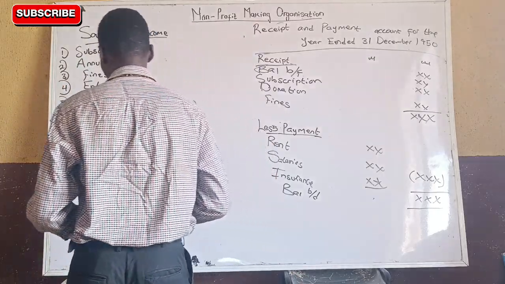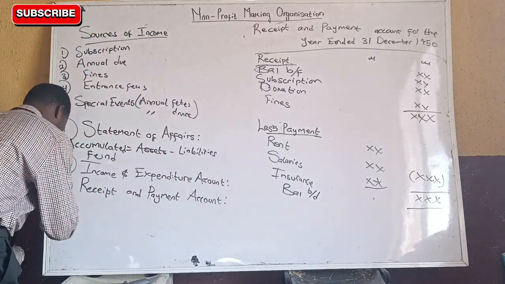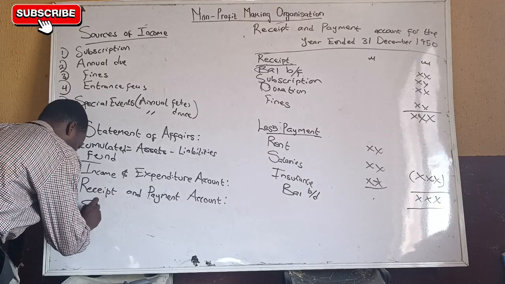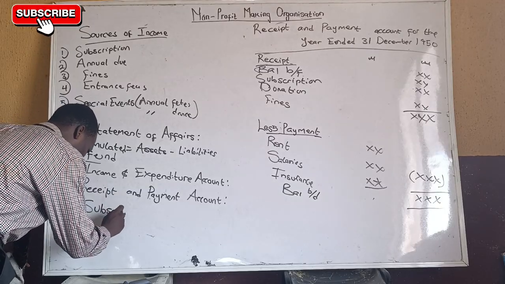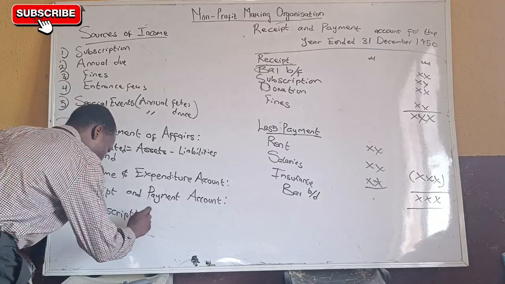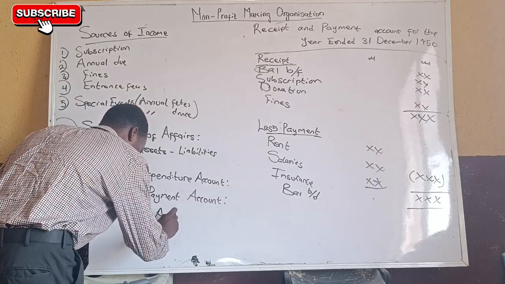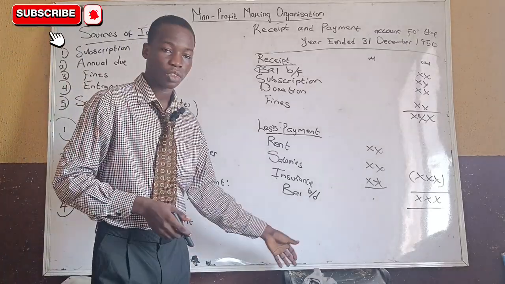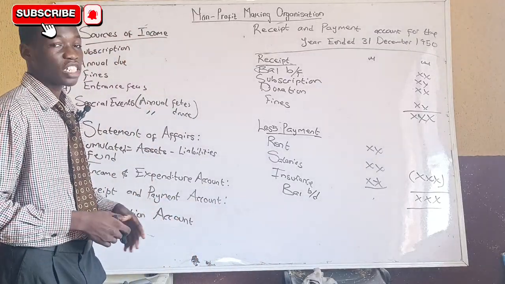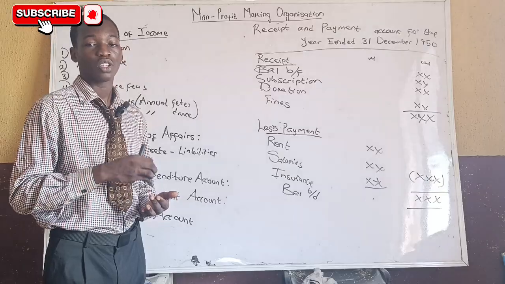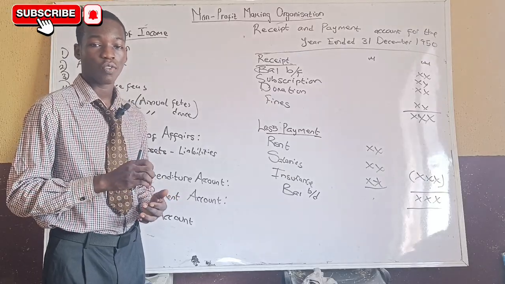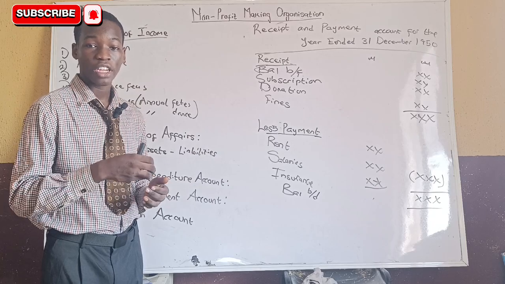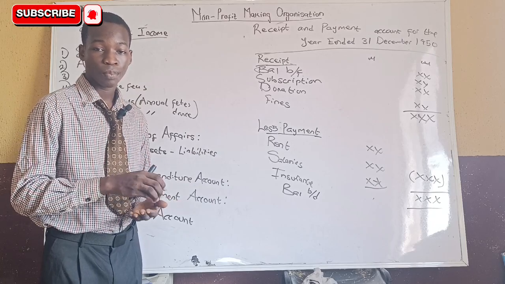Now, another account we are going to look at is how to solve some subscription questions, the subscription account. Subscription is simply the amount the members of a particular organization, all these not-for-profit making organizations, paid or contributed during a period of time.